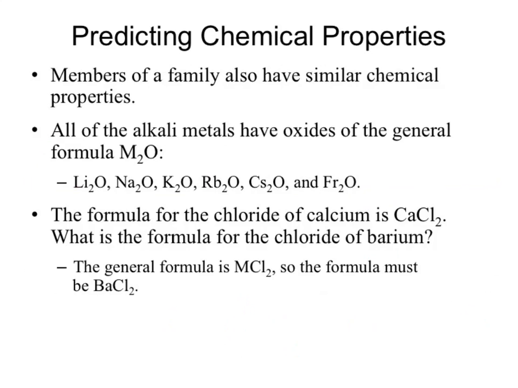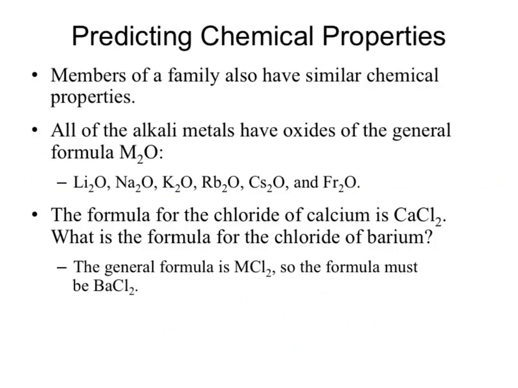Which means if I now move to sodium, how many sodiums per oxygen would I expect? 2. And if you take a look at all of the oxides for your alkali metals, you'll notice we get the same formula for each of them. It's the metal, 2 of them per oxygen each time.